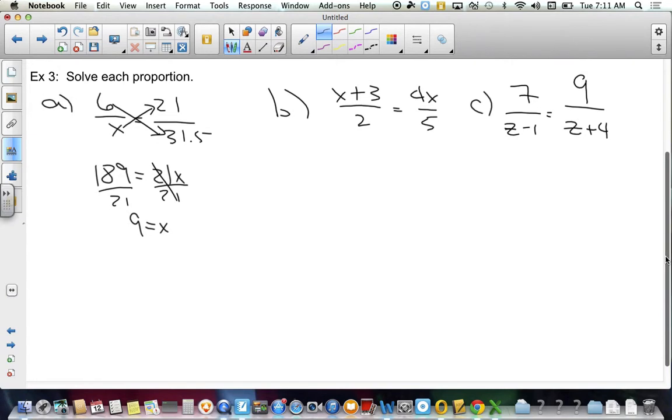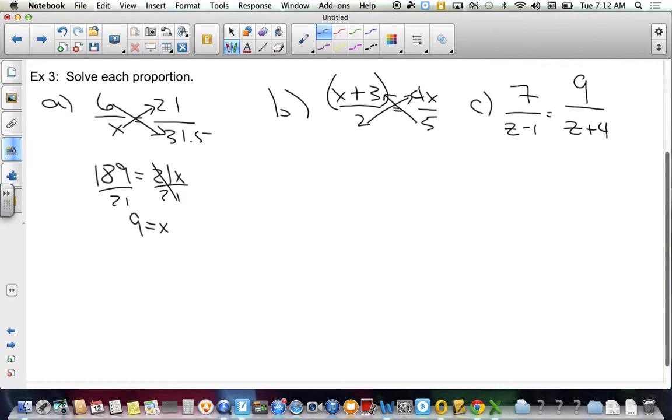Okay, so same process here with the next one. We're going to start out, we're going to cross multiply. All right. Now it's important that you understand if you have a binomial up here, we have x plus 3, it's a binomial. I need to make sure I'm taking 5 times the entire binomial, which means we're going to multiply 5 times both of those parts, the x and the 3.